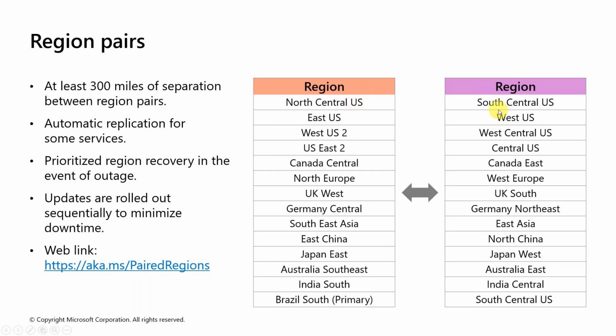So for some services, whenever you create it, automatically it will be paired with the secondary region for replication. In case something goes wrong in the primary region, of course it is very, very rare, but there are chances that the entire region may go down.